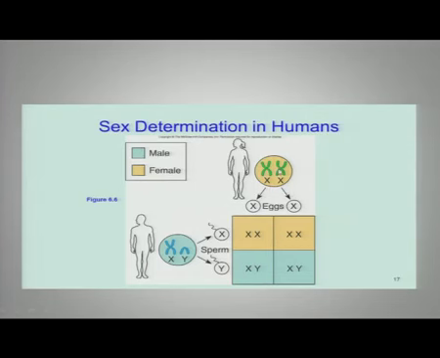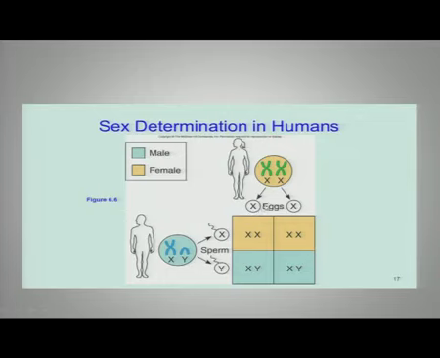Here you can see the female with the 2 X chromosomes and 22 pairs of autosomes, and the male with X and Y chromosomes and again 22 pairs of autosomes.